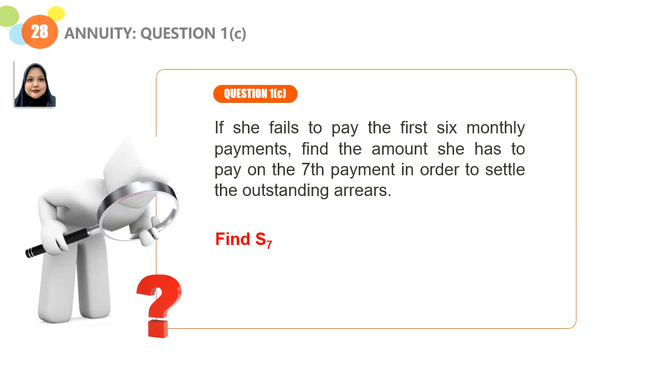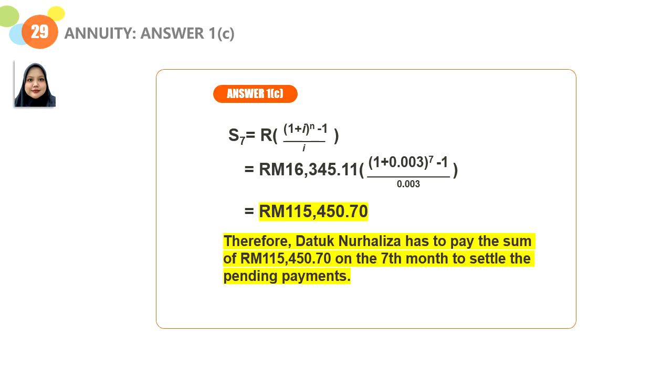Question 1C. If she fails to pay the first 6 monthly payments, find the amount she has to pay on the 7th payment in order to settle the outstanding arrears. Find S sub 7. The monthly payment R remains 16,345 ringgit and 11 cents. The monthly interest rate I is 0.003 and the total number of periods to accumulate N is 7.